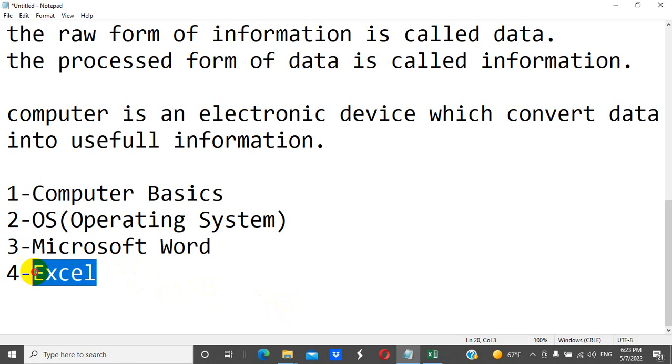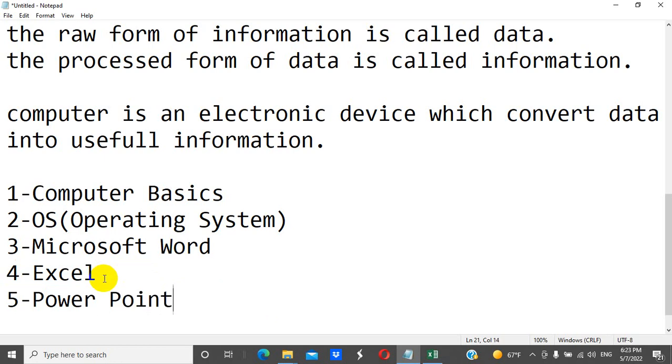After learning Microsoft Excel, we will learn about Microsoft PowerPoint. PowerPoint is the other product of Microsoft which is used for creating powerful presentations and slideshows. After that we will be able to create any kind of presentation and slides.